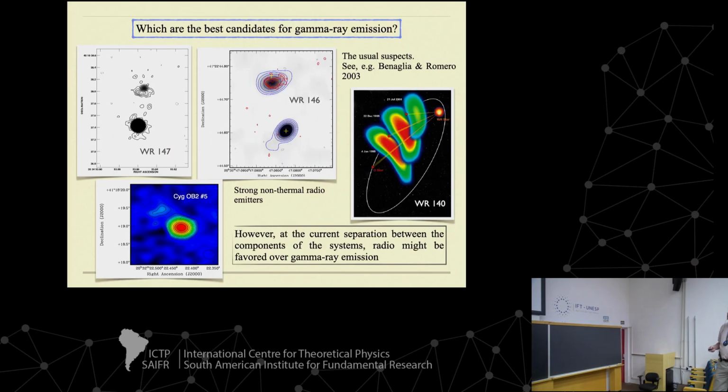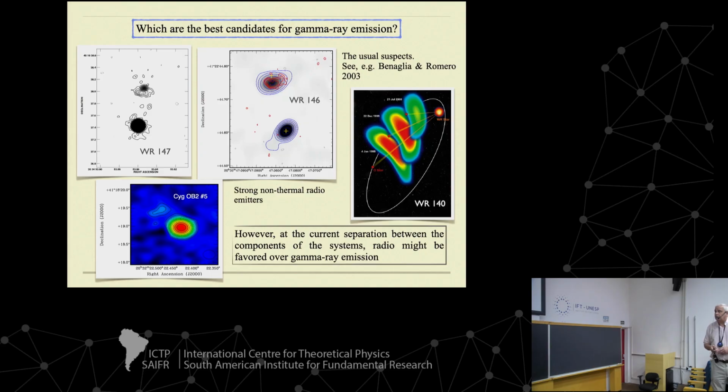Okay. And well, there is another of these systems in the galaxy, Gamma Velorum, but Gamma Velorum is not so spectacular. We can detect it in gamma rays just because it's extremely nearby. It's just 3 parsecs away from us, so it's the nearest colliding wind binary.